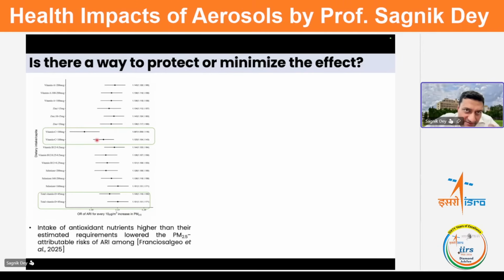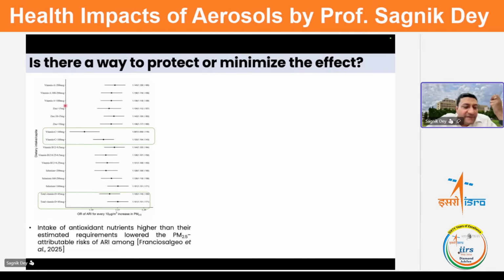Children consuming less vitamin C. There, a 10 unit increase in air pollution gives a 12% higher risk of respiratory infection. But if the diet is rich in vitamin C, the same 10 unit increase in air pollution only increases the risk of respiratory infection by 8%. So you can reduce the risk of respiratory infections by altering the diet.